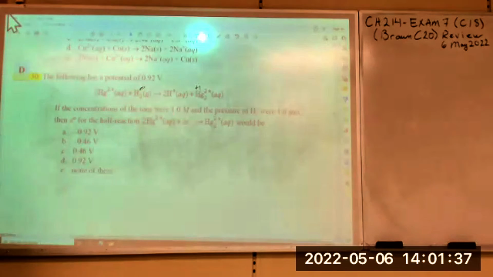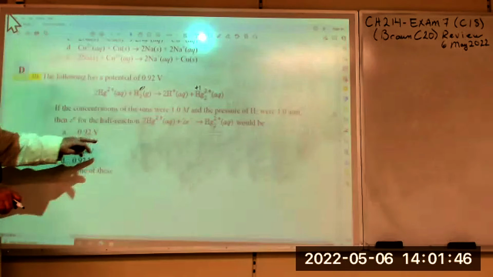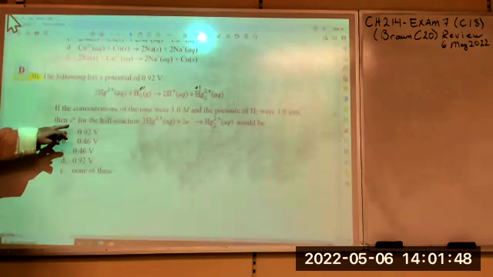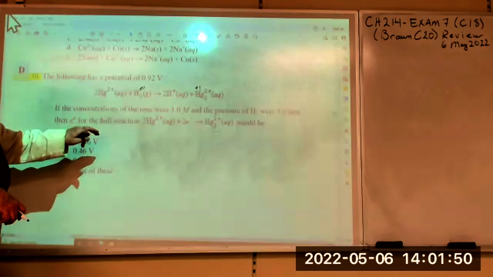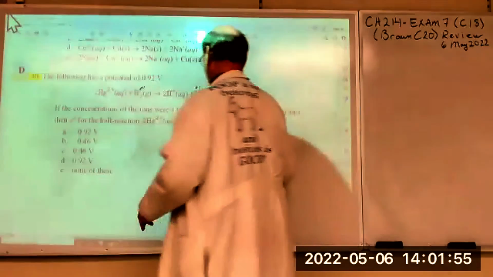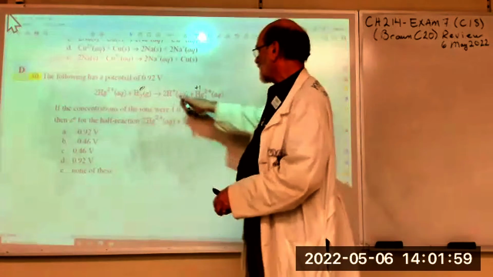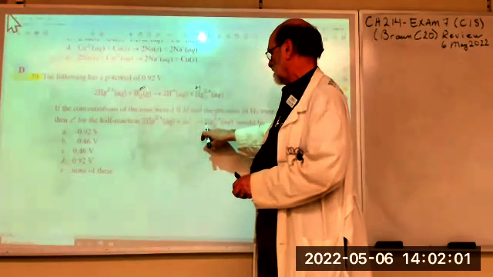If the concentrations of the ions were 1 molar and the pressure of hydrogen were 1 atmosphere, then E0 for the half reaction would be, well, actually, the atmospheres don't matter. Because if you're only looking at this half reaction, we don't care what's happening to the hydrogens.